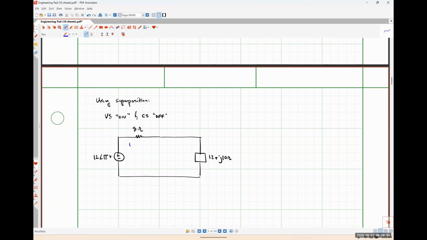Let's see. So this is going to be V8 prime. This is going to be IL prime. And I want us to solve for V8 prime using voltage division. So anybody have any thoughts on how we might do that?